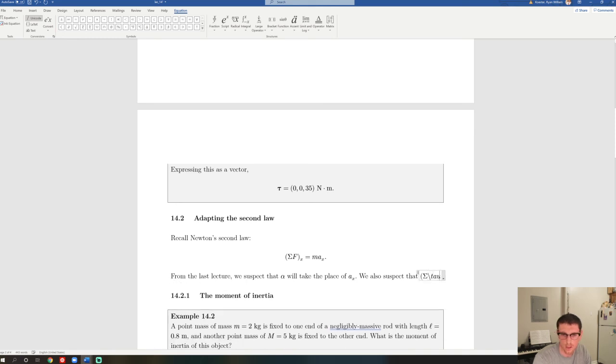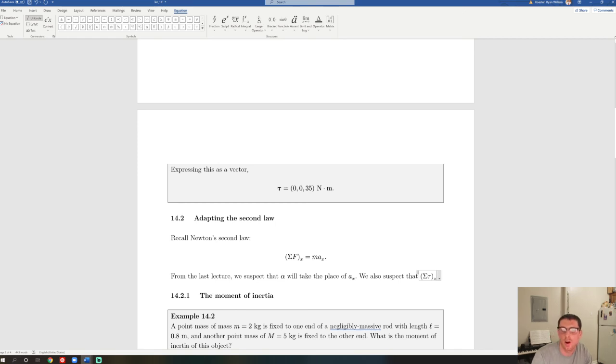Okay. The net torque, and I'm going to say in the z direction, just because if we usually think about our force vectors and our position vectors as being in the xy plane, then the torque will always have a z component. It might be 0, but if it's non-zero, it will point in the positive or negative z direction.